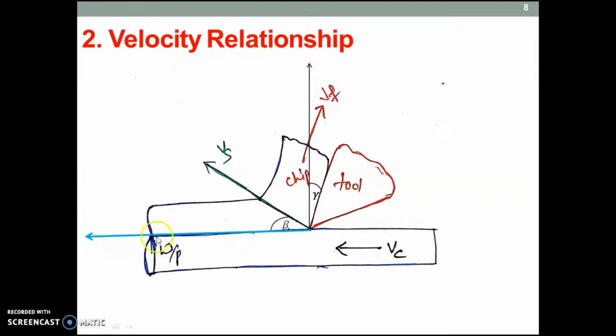This blue arrow is the vector representing Vc. Vs along this line is the green arrow, a vector, and likewise Vf is the red arrow. So the three vectors Vc, Vs, Vf all intersect at this single point.